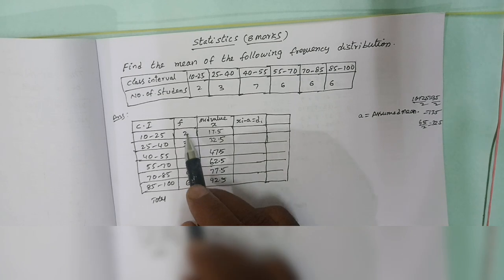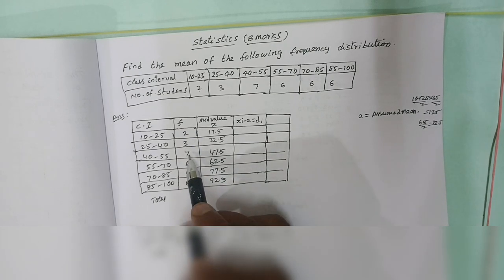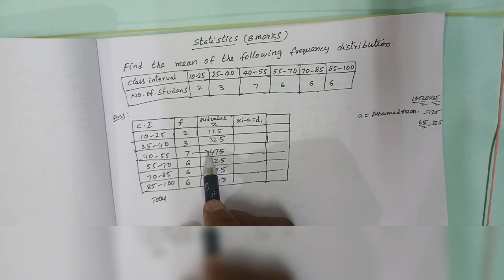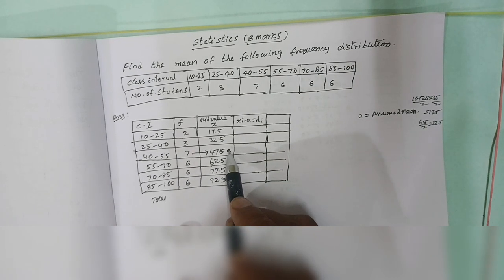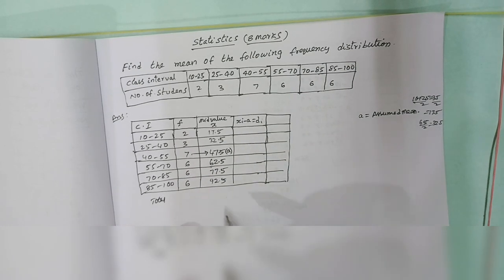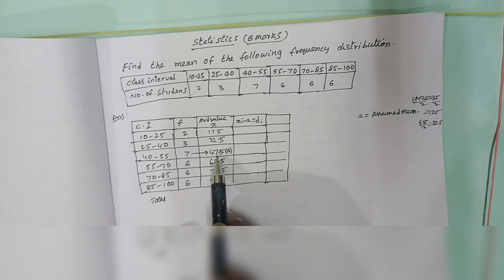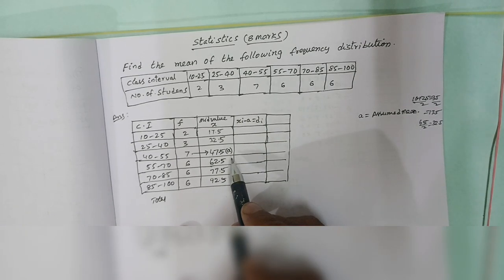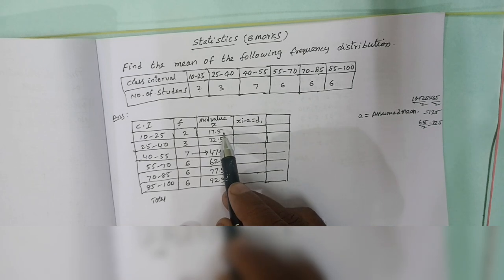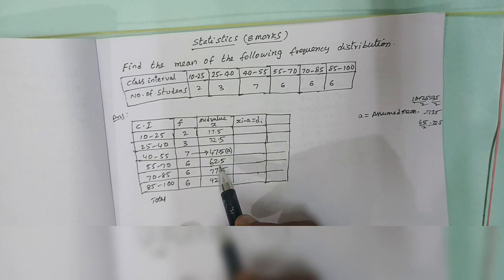Which is the highest frequency in the table? 7. So this mid value we take as the assumed mean. These are all x1, x2, x3, x4, x5, x6.